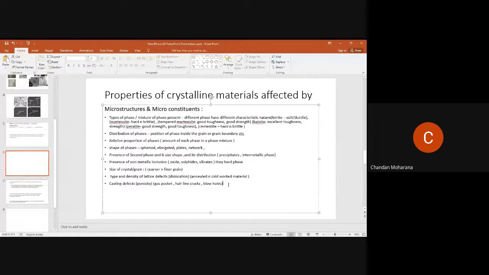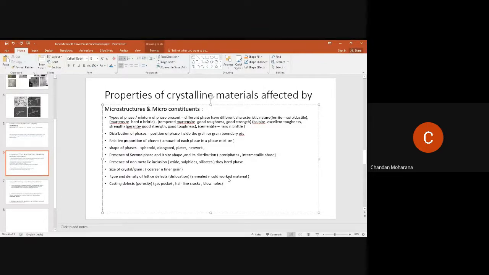Can you tell me why porosity will affect the property? How will porosity affect the property? The density will decrease. Density will decrease, that is okay, but I am not talking about density.